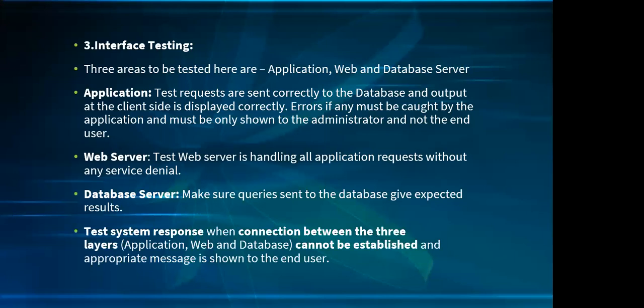The next thing we'll test is to ensure that these 3 things, the application, the web, and the database, the connection between them, we should test them, because your request starts from here. It goes into the web and the backend validates it.